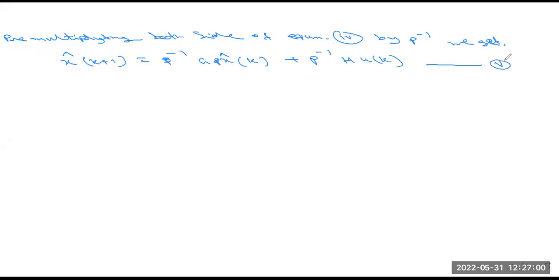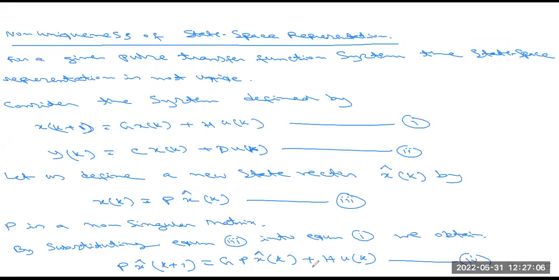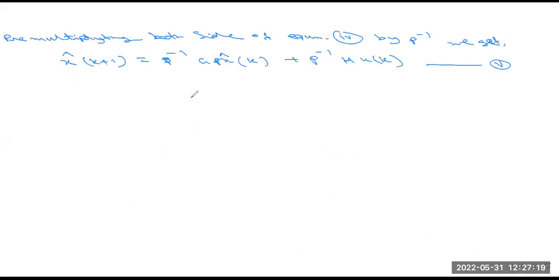This is another equation 4. So this is basically the required equation. Now we multiply both sides by P inverse, so P inverse comes in and P is cancelled, and the equation comes for x vector k plus 1.